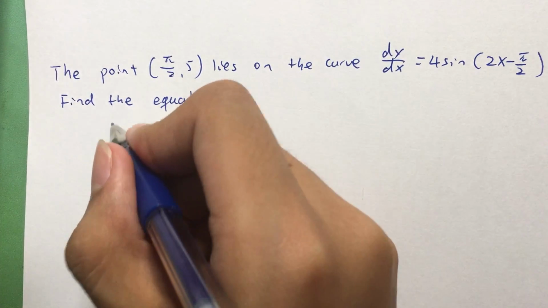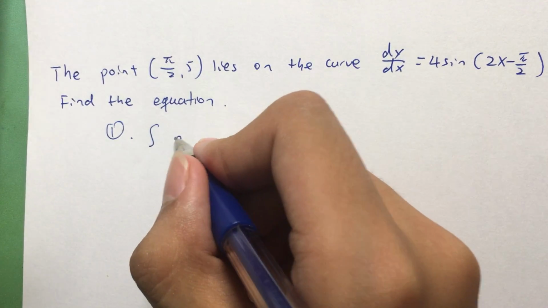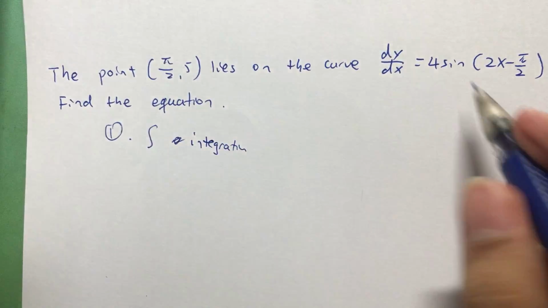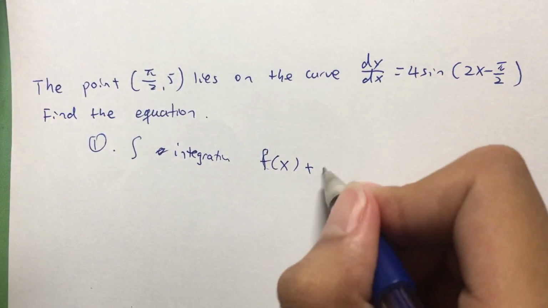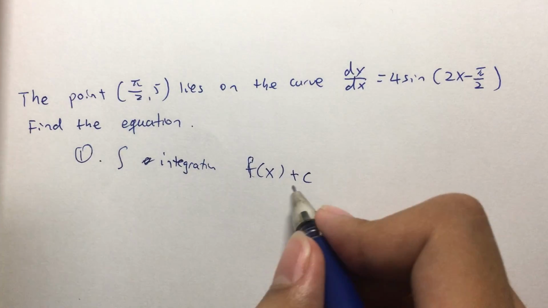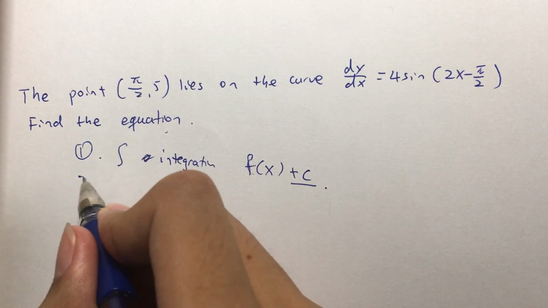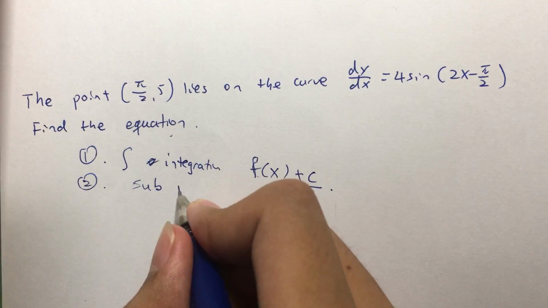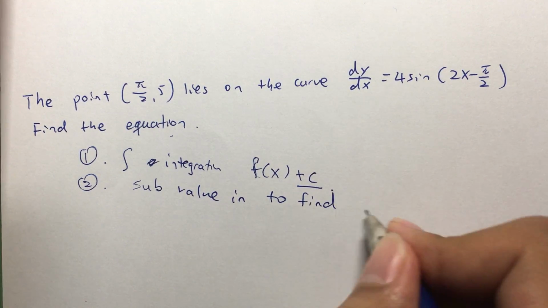First step, you integrate. So you integrate this value and you will have something f(x) plus c, because it's an indefinite integration, so we have a c here. However, we need to find the equation. So the second step, we substitute this value in to find the value of c.